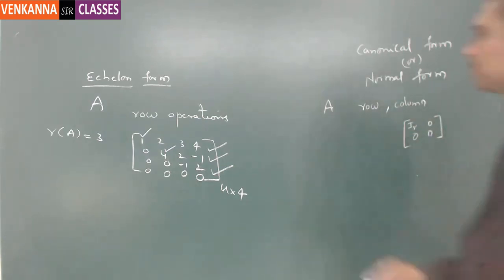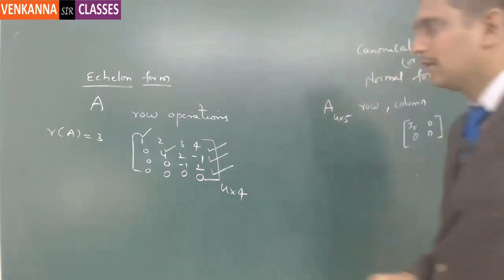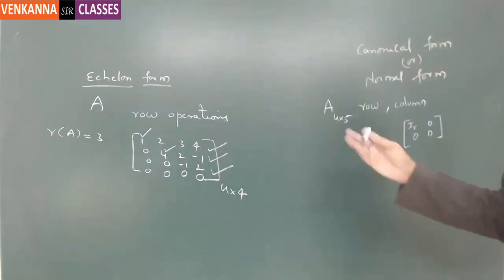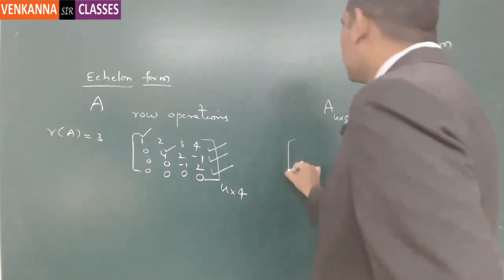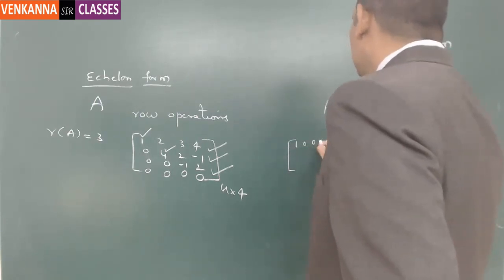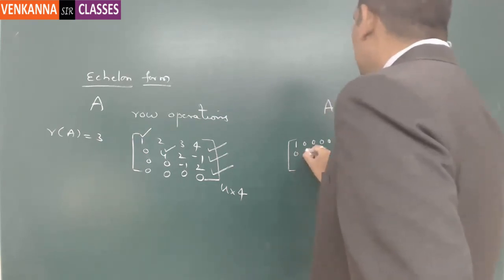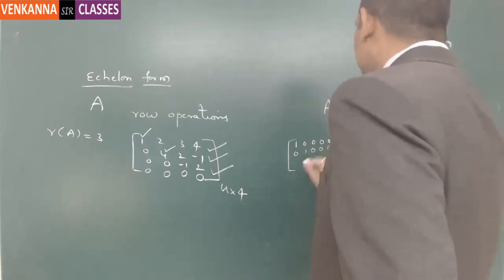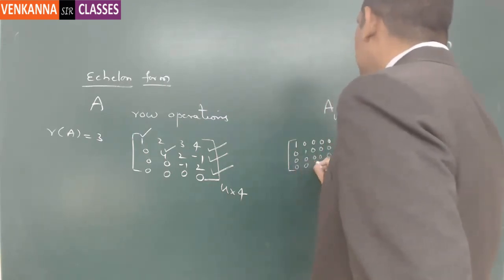Let me say I have a matrix of order 4 by 5. I have applied row operations as well as column operations, and it was reduced to a form like this: 1, 0, 0, 0, 0; 0, 1, 0, 0, 0; 0, 0, 0, 0, 0; and 0, 0, 0, 0, 0.